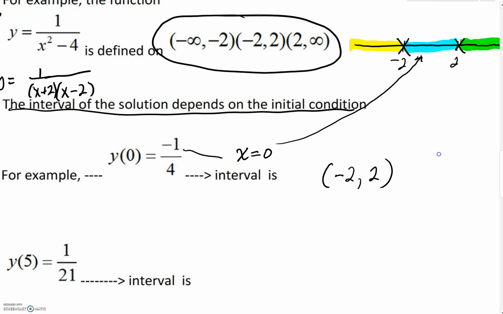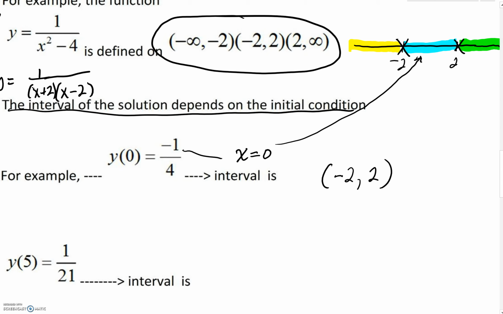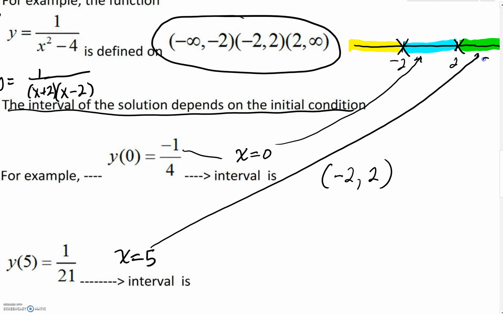Likewise, if we were to look at y of 5 equals 1 over 21, this is saying x is equal to 5, and x equal to 5 is over here in green. The interval of solution: our function that solves the differential equation is y equals 1 over x squared minus 4, but this is only valid from 2 to infinity.